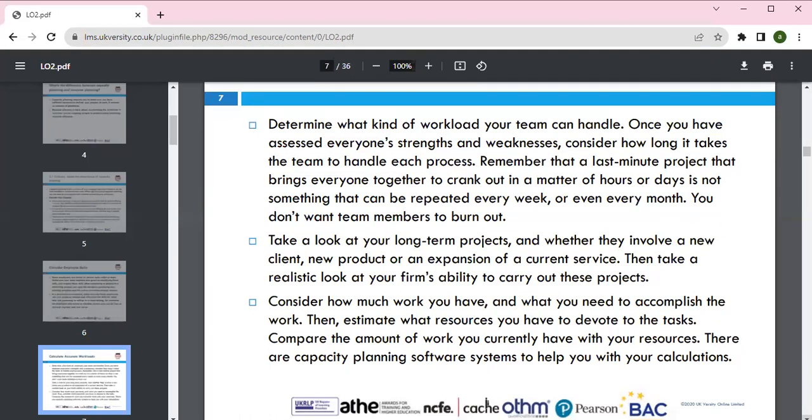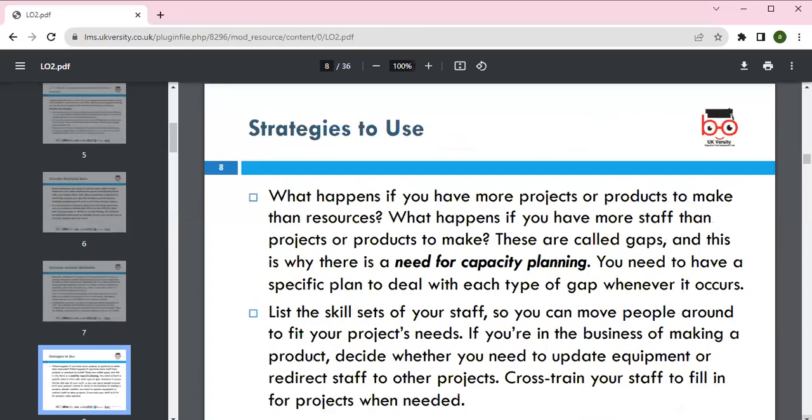Then take a realistic look at your firm's ability to carry out these projects, and consider how much work you have and what you need to accomplish the work, and then estimate what resources you have to devote to the task, and compare the amount of work you currently have with the resources. There is capacity planning software to help calculate this, which we can look around.